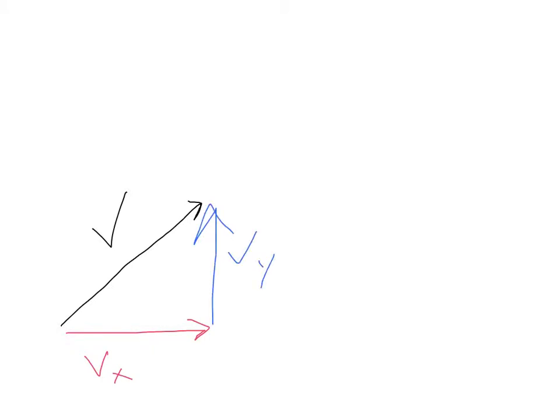And so what we observe, the observable motion of the projectile, is this v. But within that observable motion, we have two things going on. We have the object moving in the x direction, so from left to right or right to left, depending on which way it's going, horizontally regardless. And we also have the vertical motion, which is the y component. The one thing to keep in mind throughout this is that the x component is uniform. There's no force acting on it in the x direction.